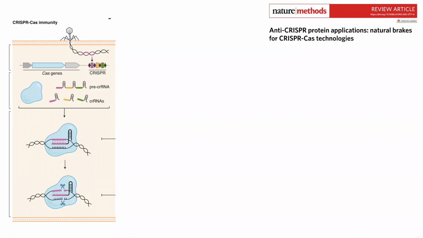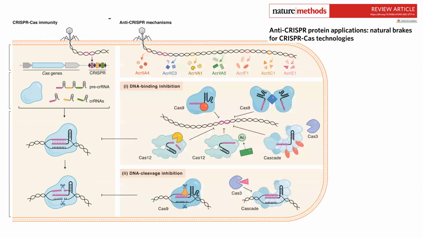As mentioned, CRISPR-Cas loci of bacteria encode Cas enzyme, which cuts the phage DNA. So Cas with CRISPR RNA forms a protein-RNA complex, and the CRISPR RNA will guide the Cas enzyme to its right target site. On the right, we see that some phage can encode anti-CRISPR genes.